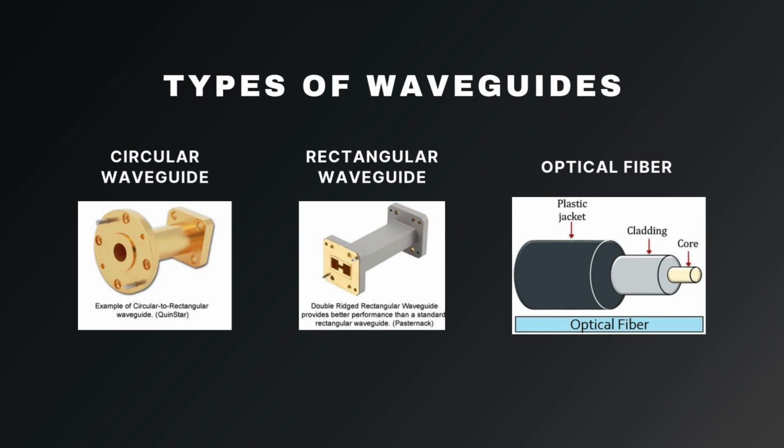Its versions like double-ridge waveguides improve bandwidth and performance. The last is optical fiber. It is a dielectric waveguide that carries light. It is made of a core, cladding, and protective jacket. It is used in high-speed internet, medical imaging, and long-distance communication.